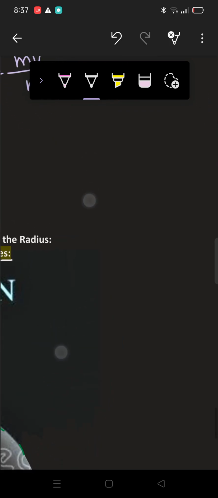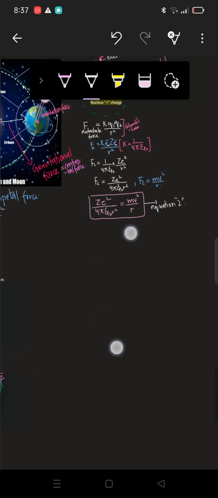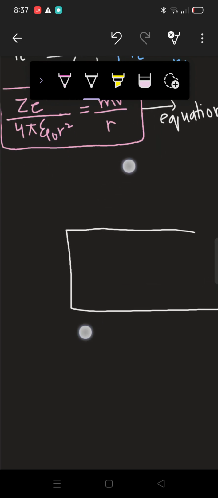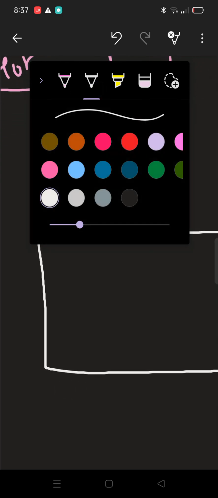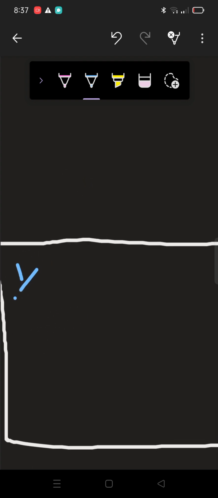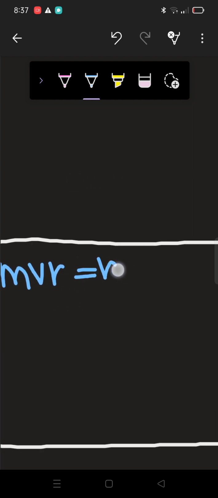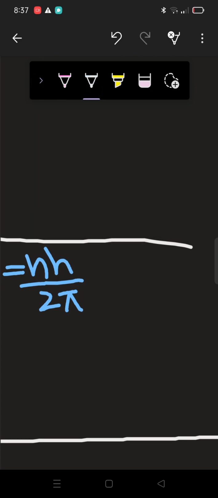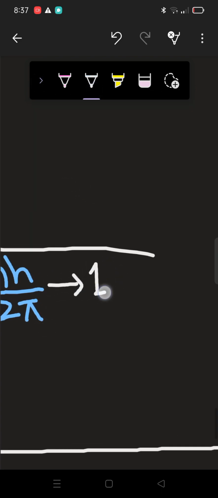Let me write that here so that we do not forget it: angular momentum mvr is equal to nh by 2 pi, right? This was the first equation.